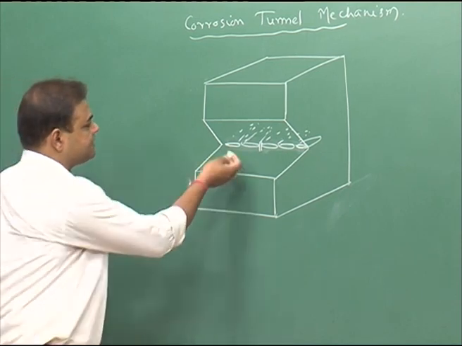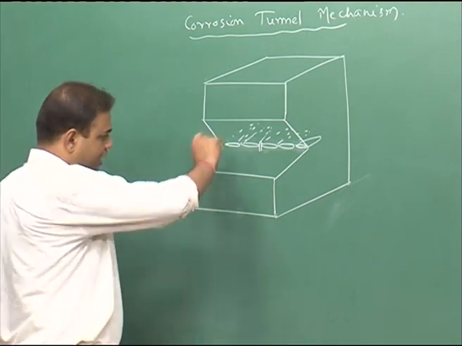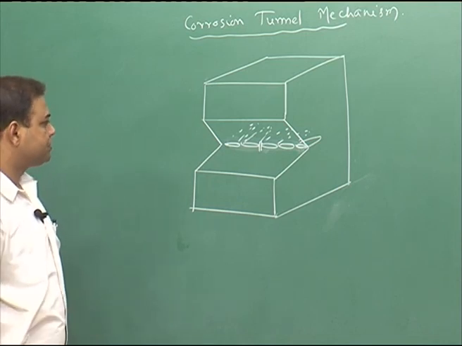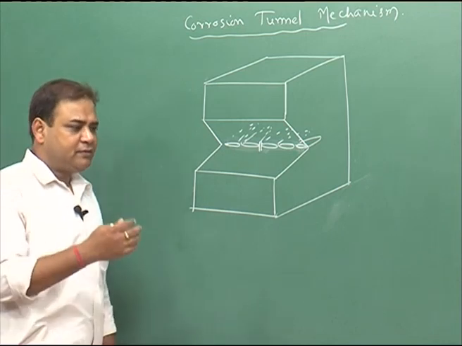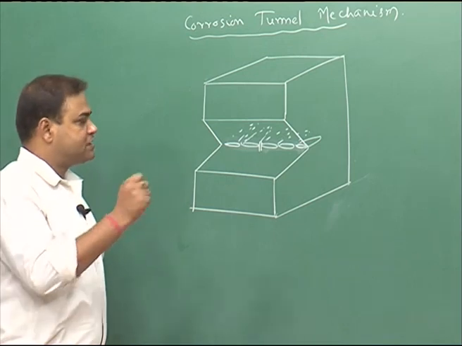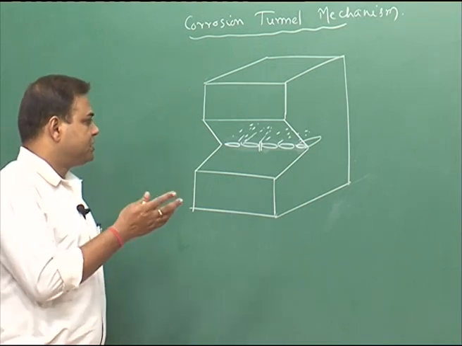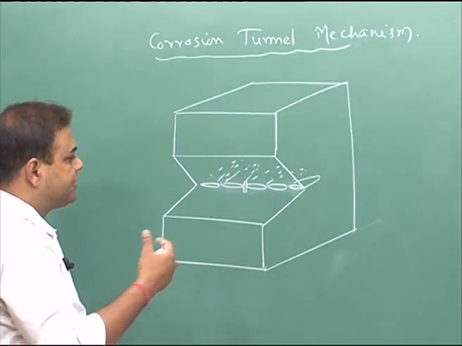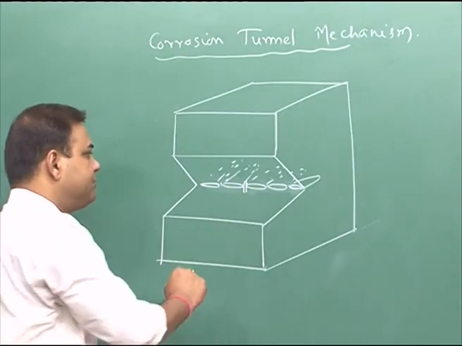So, this is basically the first stage, you have multiple tunnel formation and then simultaneous growth, and then the breaking of all those ligaments due to the increase in stress on those ligaments, and then finally, you have mechanical failure of those ligaments.